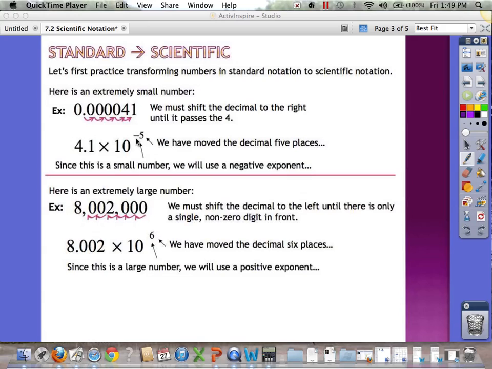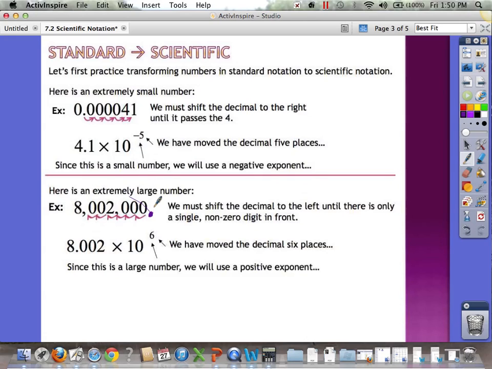All right, then we have a large number, 8,002,000, and we want to shift that into scientific notation. Remember, where's the decimal in this kind of number? The decimal is always back here at the end. If there's no decimal in the problem, it's at the back, like money.